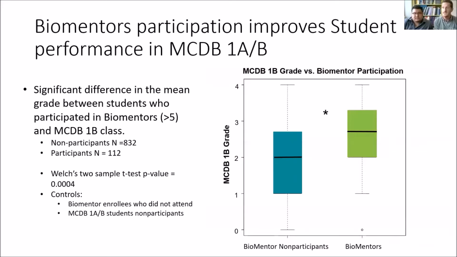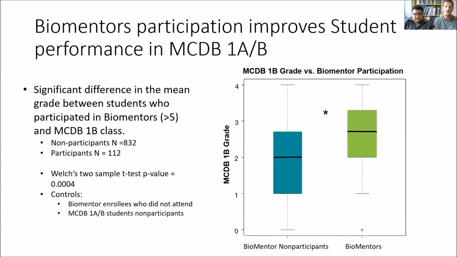For BioMentors, this is a simplified box plot, but we can actually show you a box plot with dosage. The more that students go to BioMentors, the higher their introductory MCB1A or MCB1B grade is. It shows a statistically significant increase. The students are controlled by looking at their cumulative science average prior to their second year.